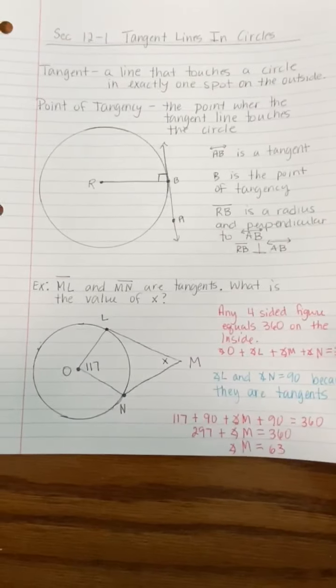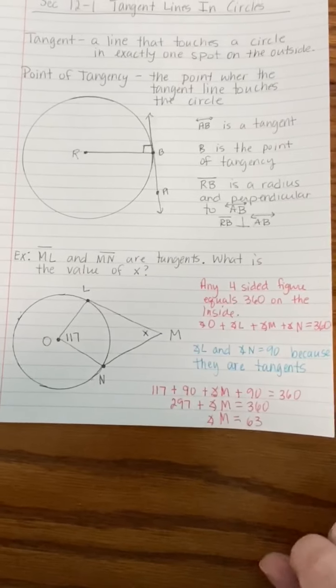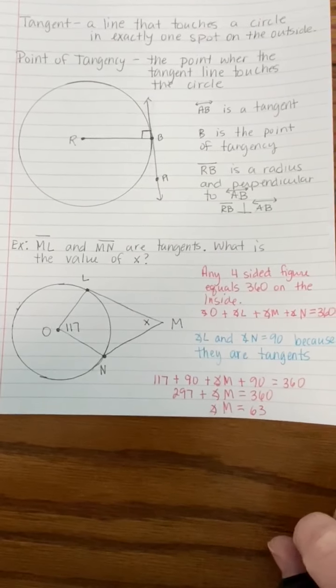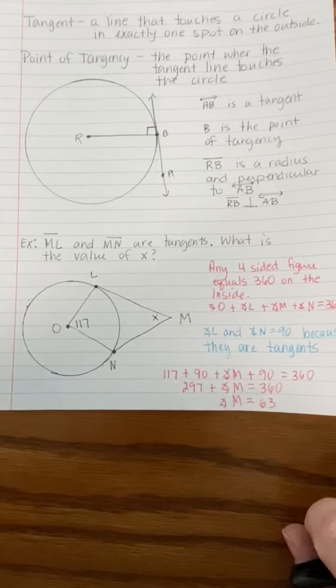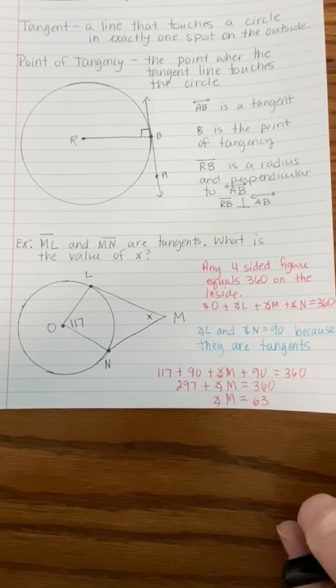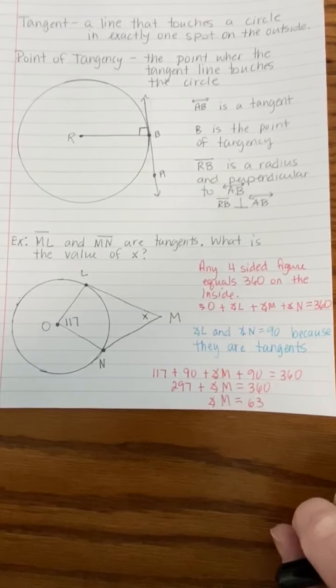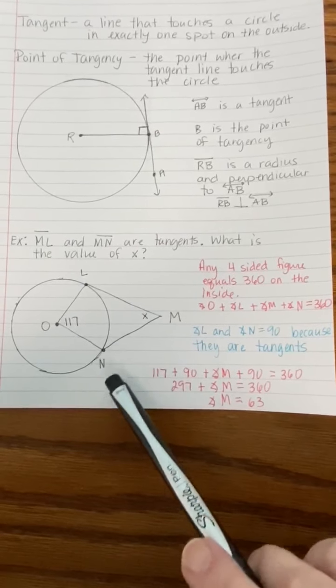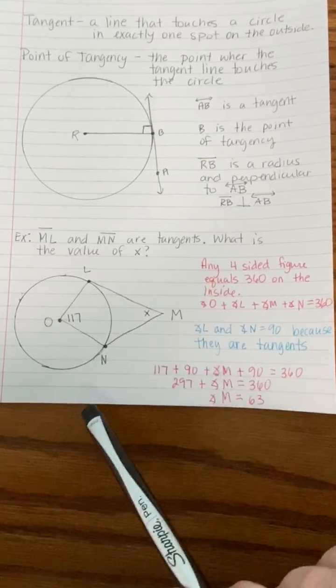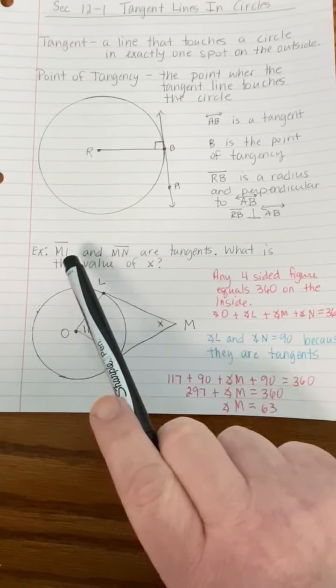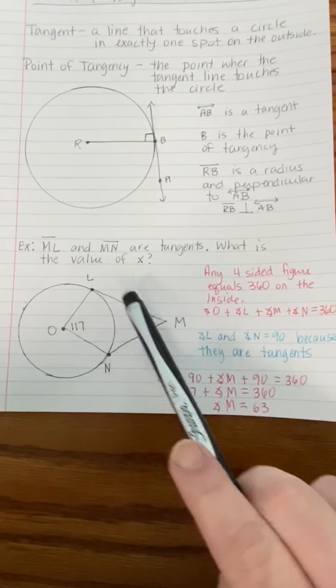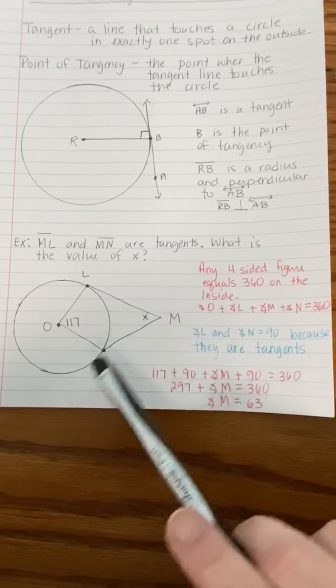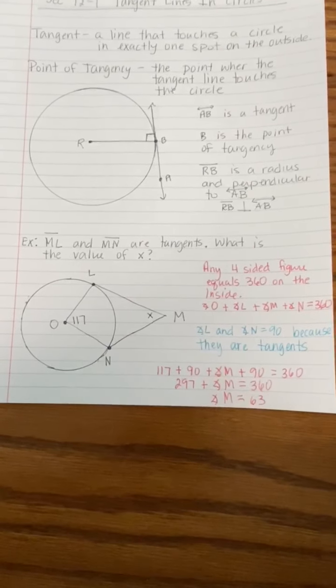All right, so I'm just going to do one example today, and then you have some homework problems on the quizzes. One of the problems on the quizzes is almost identical to this example right here. It's the second diagram. It says ML and MN are both tangents.